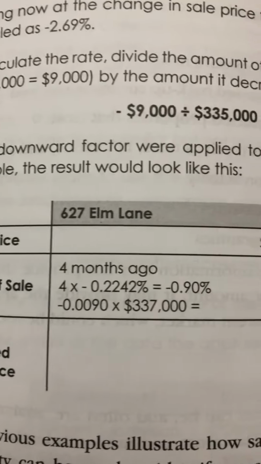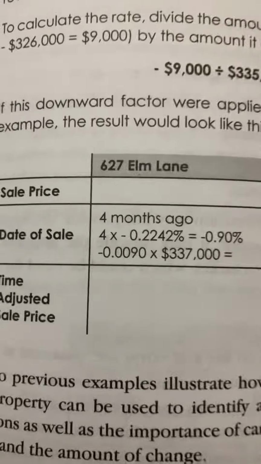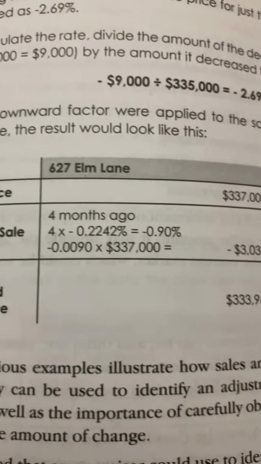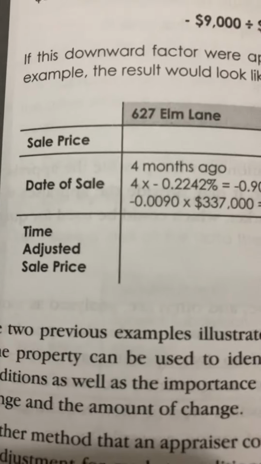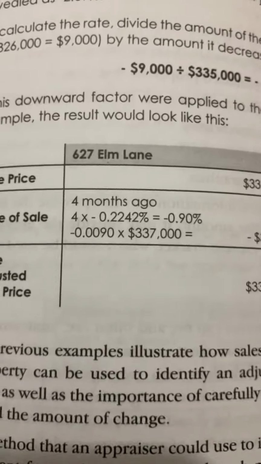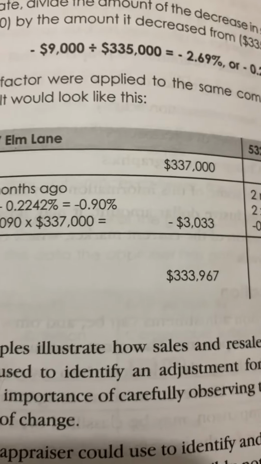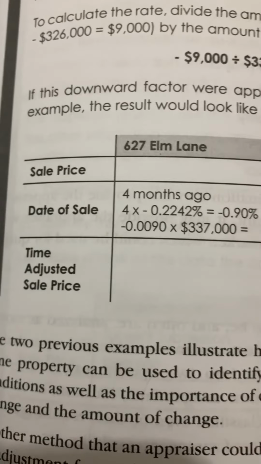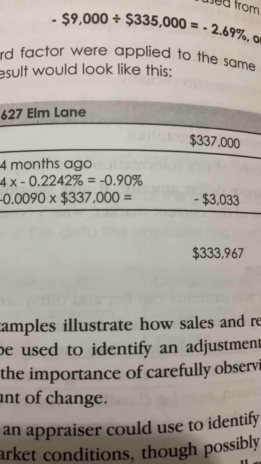If this downward factor were applied to the same comparable data that we used in the last example, the result would look like this. Same thing as the last page. You got your sale price for your first comp of 627 Elm Lane, which was $337,000. The date of sale was 4 months ago.